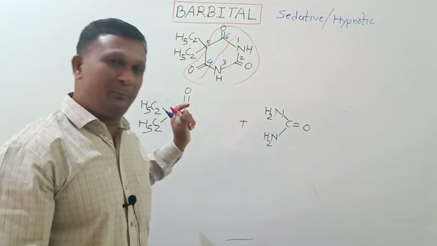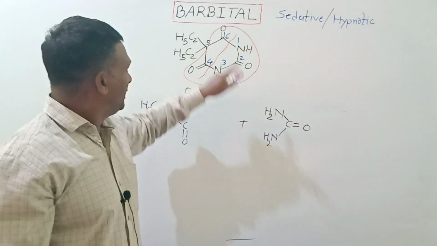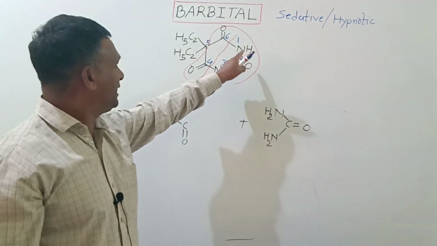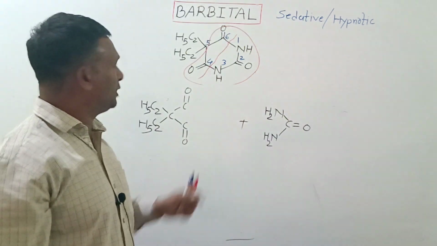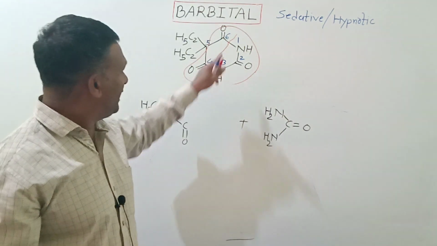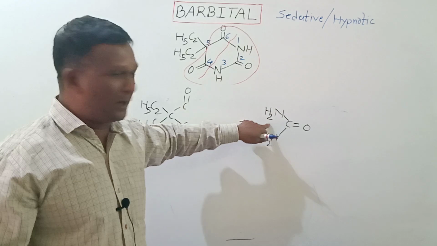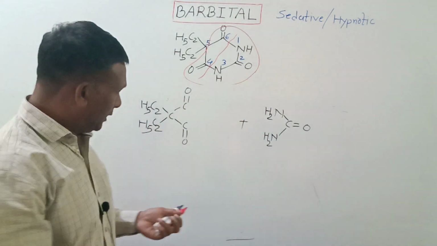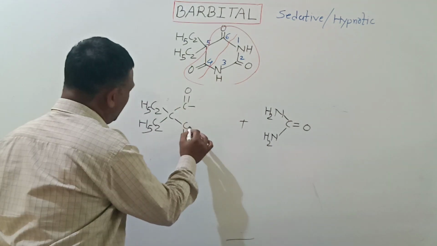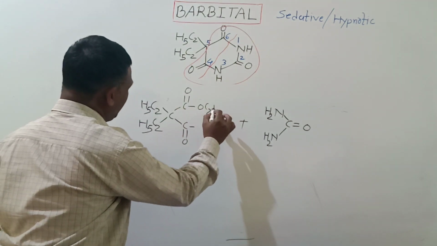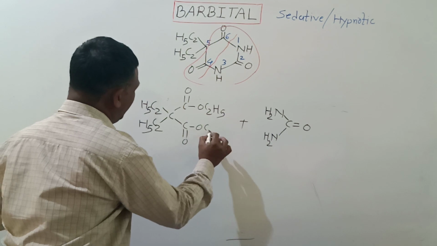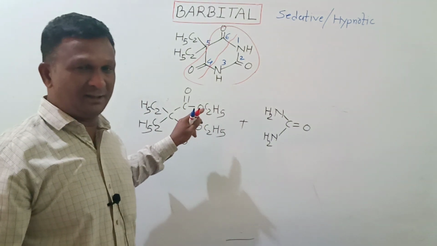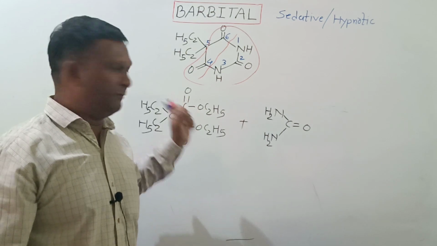I told you in my previous video that whenever a bond between a carbon and a heteroatom like nitrogen or oxygen is broken down, we always have to put a hydrogen with the heteroatom, and we always have to put a leaving group with the carbon. So we will put a leaving group with this carbon. So we add the ethoxy group over here, ethoxide ion, which is a very important leaving group.